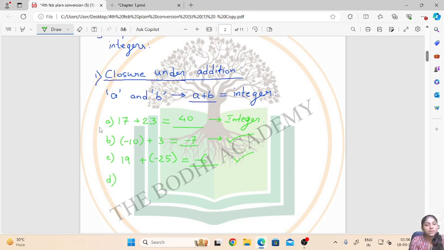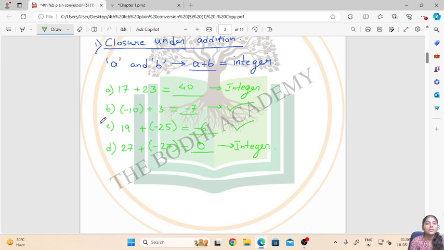Another example is 27 plus minus 27. So here what will happen? This plus minus will become minus. So 27 minus 27 will be 0. So is 0 an integer? Yes, it is an integer. Another example. Minus 20 plus 0. So here this will also give us the answer as minus 20, which is also an integer.